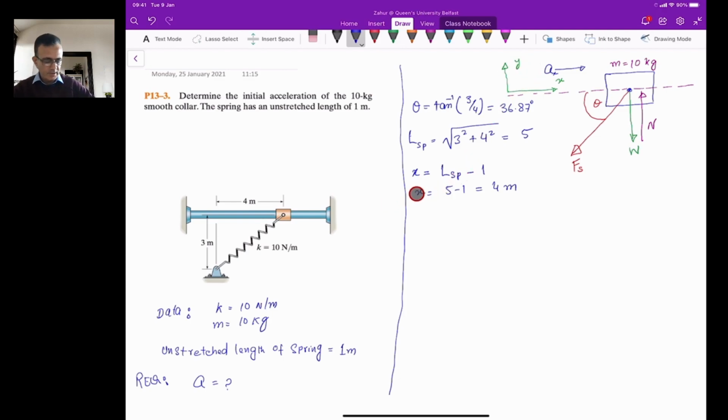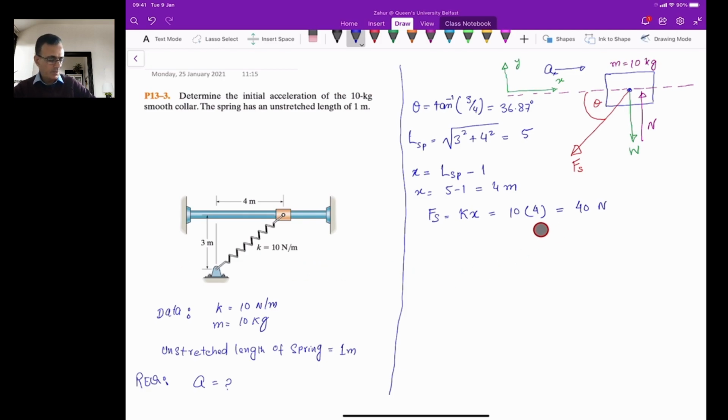You cannot just use this 5 in the spring force equation, Fs equal to kx. This x should be either the stretch or compression in the spring, so you will need to calculate it properly, which we have done here. And k is given, which is 10. If you multiply 10 with the stretch in the spring, which is 4 in this case, this will become 40 Newton.